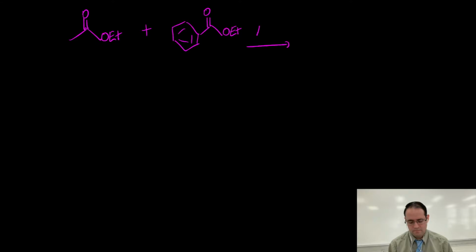If we take ethyl acetate and we treat this with ethyl benzoate in sodium ethoxide, we are going to form a molecule that looks like that, okay?